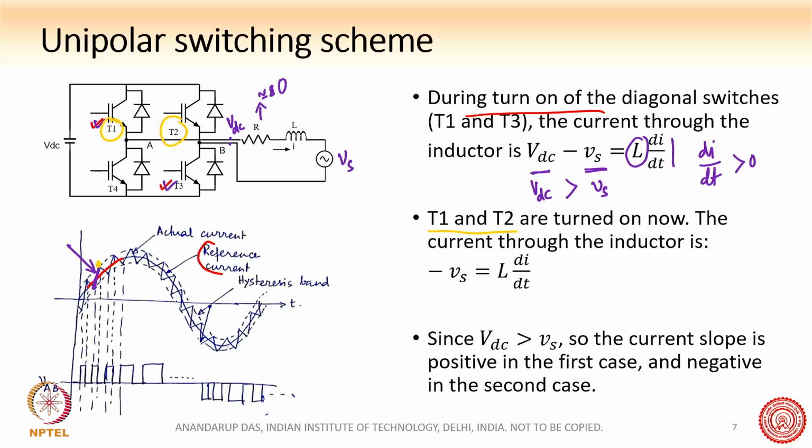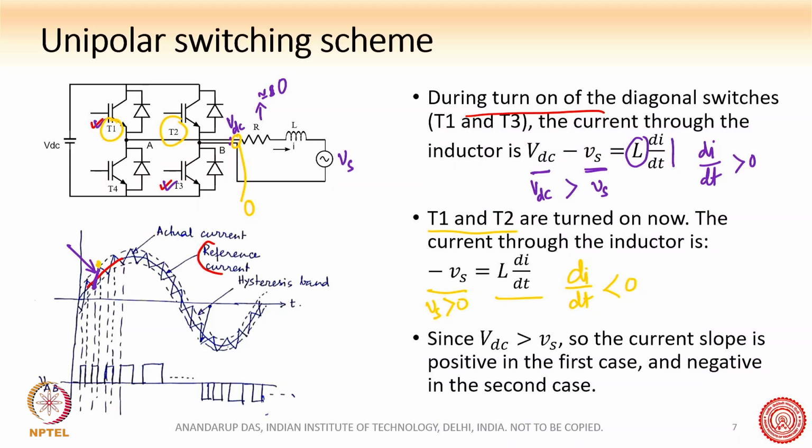What will happen now is that this voltage here becomes 0, with ideal switches. So the inductor current will now freewheel. VDC becomes 0 and minus VS is equal to L di/dt. In this case, suppose at this point VS is greater than 0, then di/dt is less than 0.